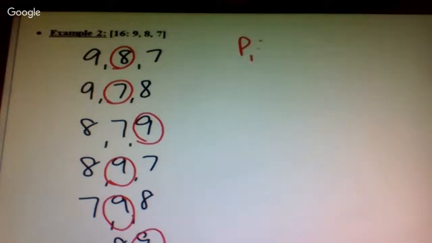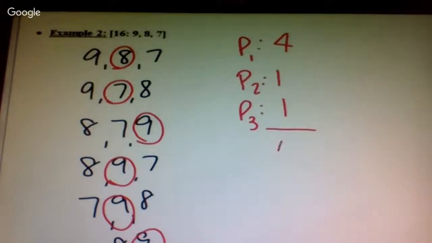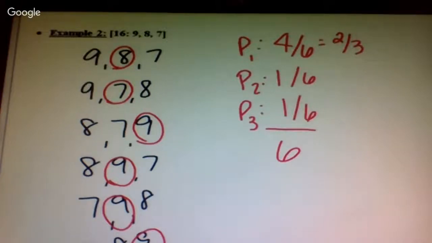So, player 1, how many times was player 1 pivotal? 4 times. Player 2, 1 time. And player 3, once. For a total of 6. So these are all out of 6, so 4 out of 6, which is 2/3. This is just 1/6 and 1/6.